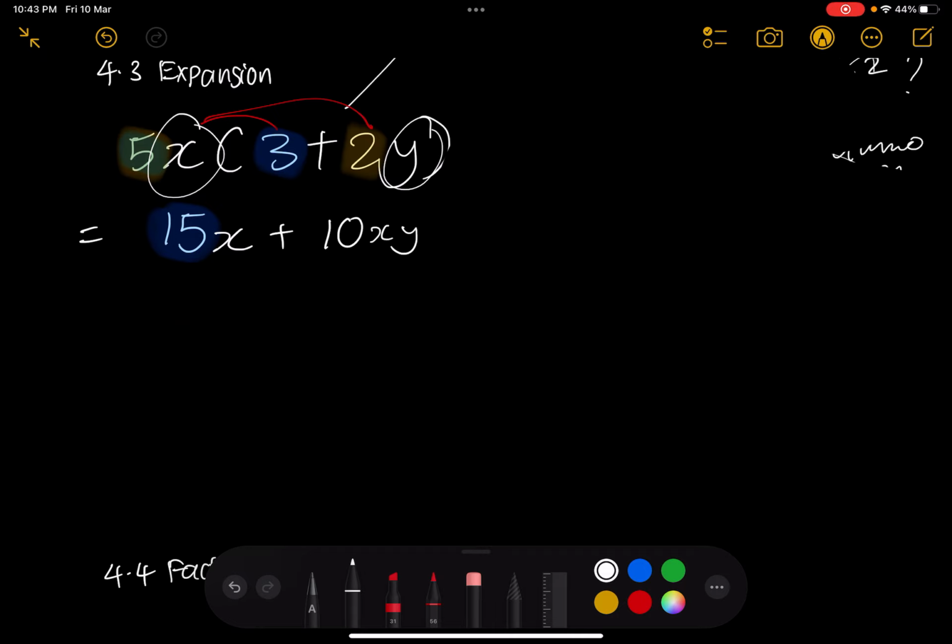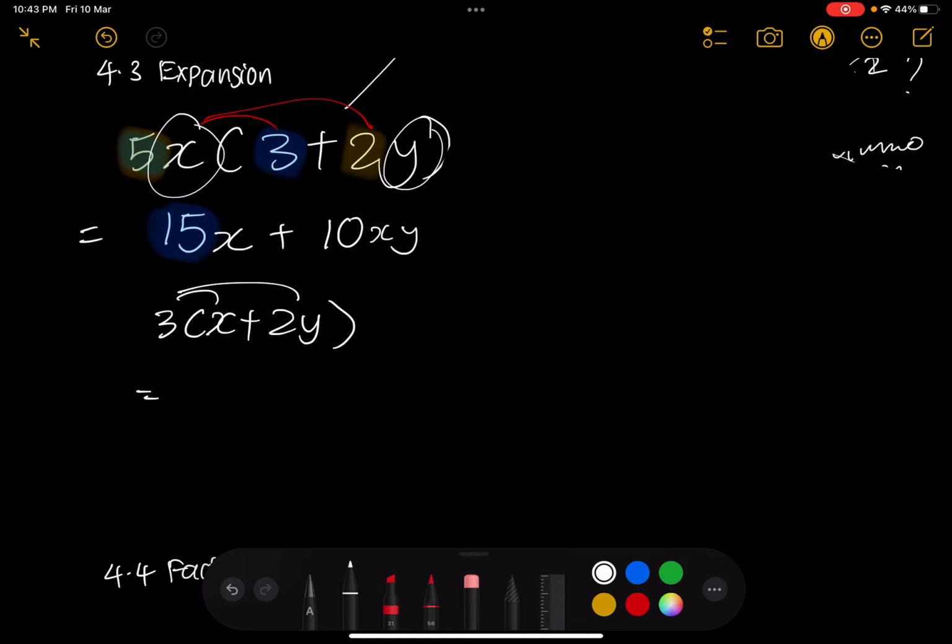Now, let's do something. Okay? 3 bracket x plus 2y. How do I solve this? Expand. 3 times x is 3x. 3 times 2y is 6y.